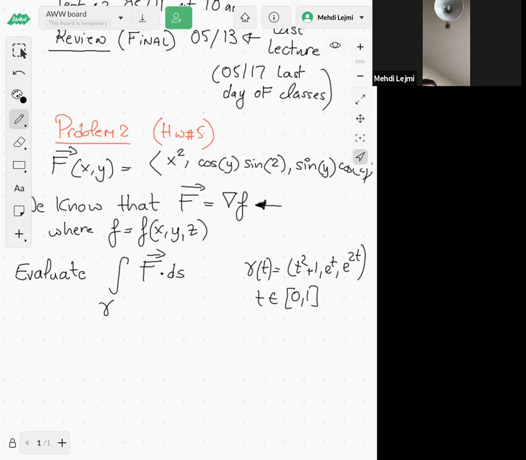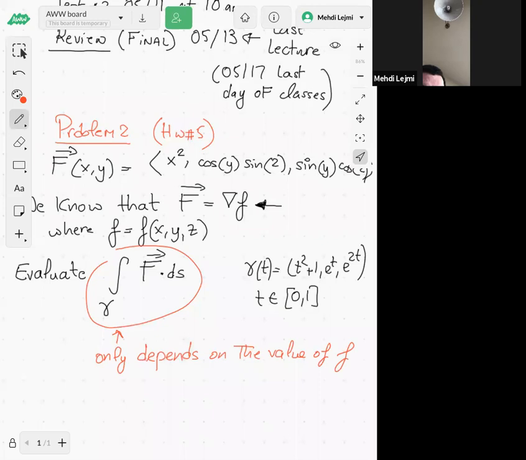So what we proved in class, guys, is that if F is conservative and is the gradient of some potential function f, then this vector line integral only depends on the value of the function f at the initial and terminal points.